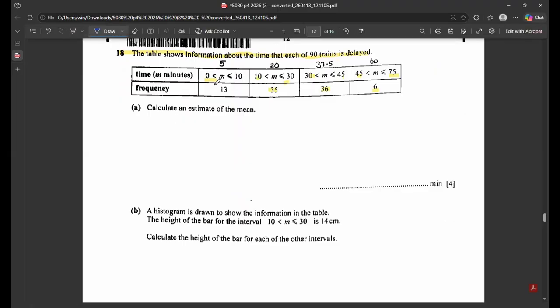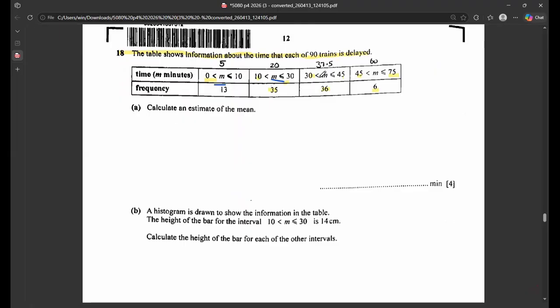So we get 5, 20, 37.5, and here 60. Then we multiply by the frequency, dividing by the 90.